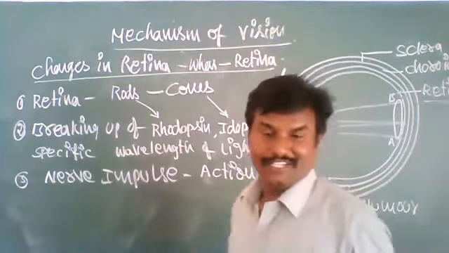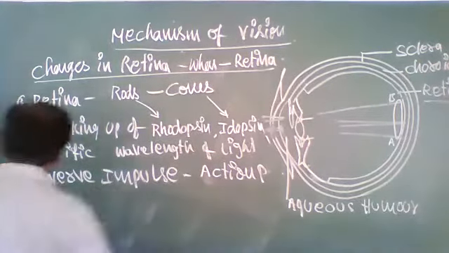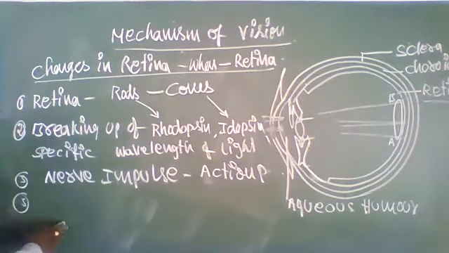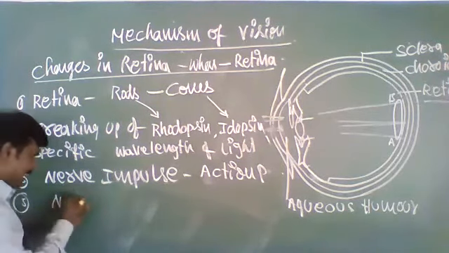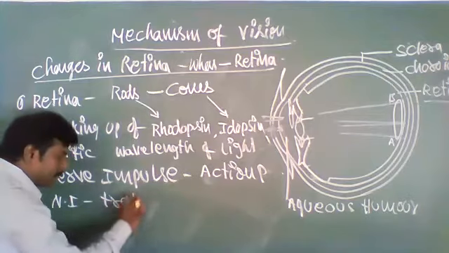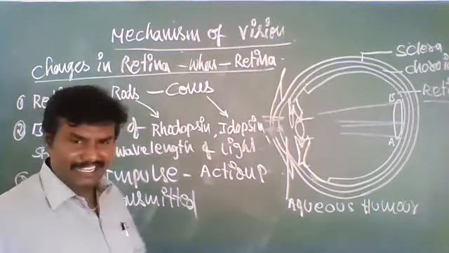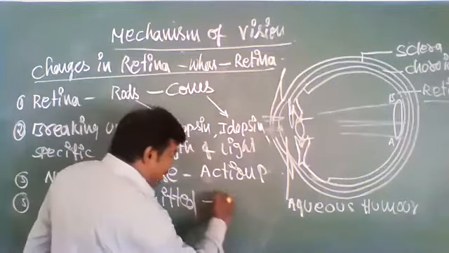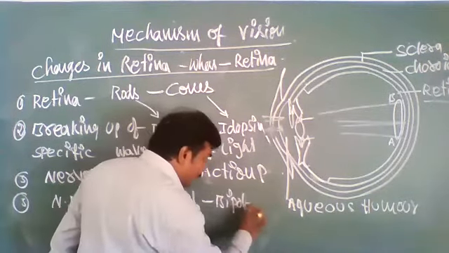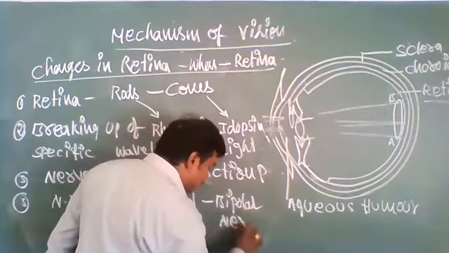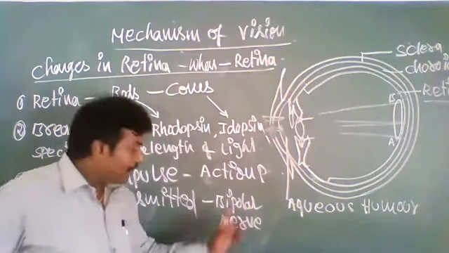Electrical current is generated. So that electrical current, the nerve impulse, is transmitted to the bipolar nerve cells.